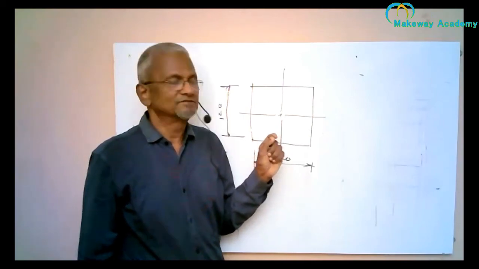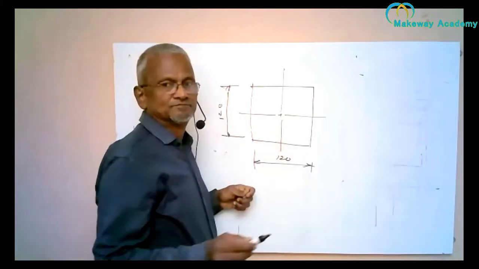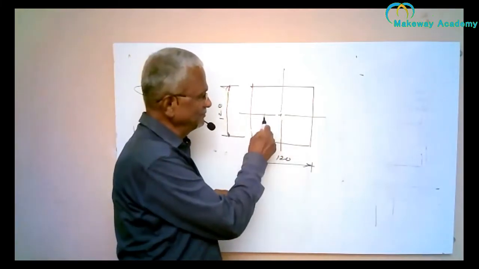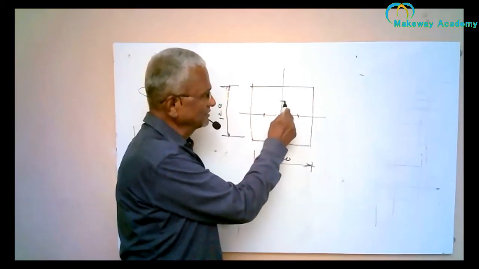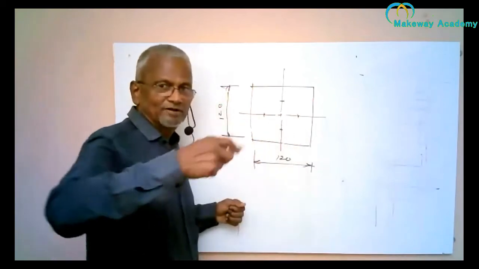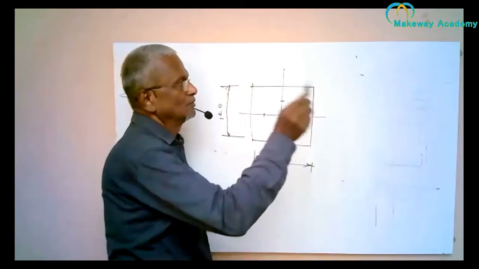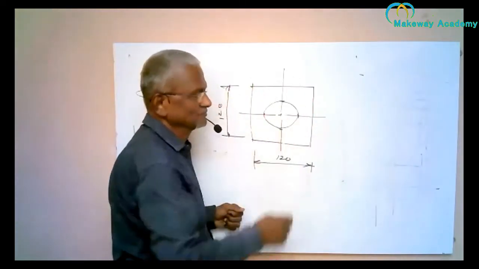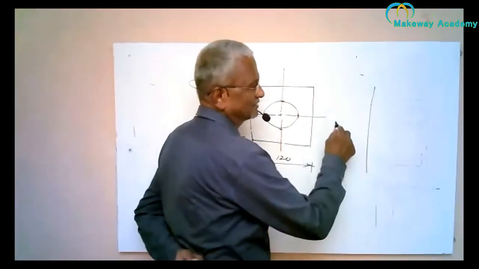So whenever a hole is drawn, so a hole has to be drawn now. Diameter of the hole is 60. This is 120. So midpoint. And then how do I draw the hole by freehand? Only two strokes. This is one stroke, this is another stroke. How do I draw a circle?